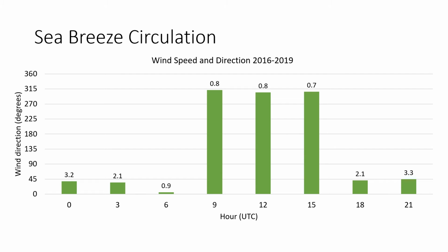And just to clarify, the time is in UTC, so thinking about this with respect to local time, 9 through 15 UTC are about 3 a.m. through 9 a.m., so kind of the overnight and morning hours, and then 18Z through 6 UTC, that would be about noon through midnight, so the afternoon and evening hours.